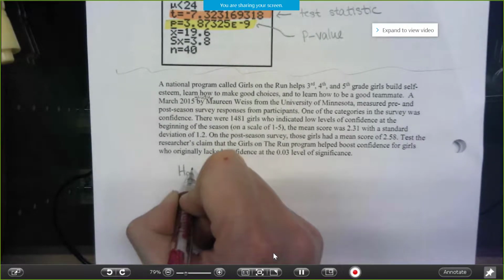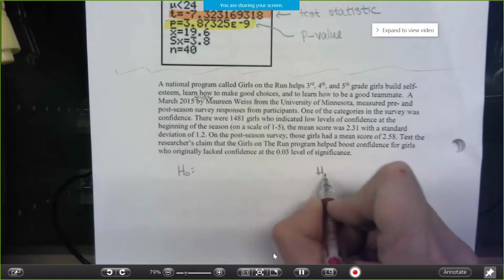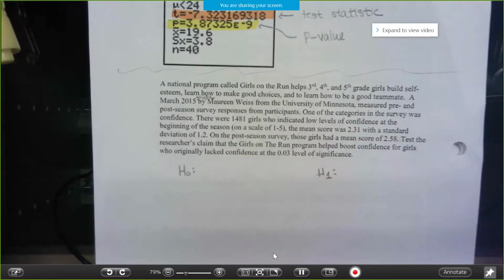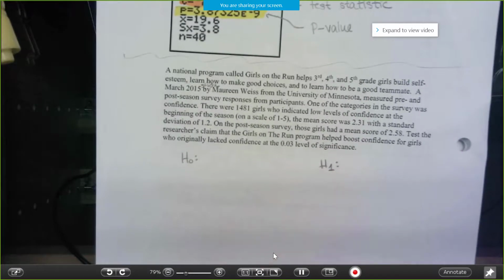Okay, so when we start out with a hypothesis test, we should always state what our hypotheses are. For the symbol after H0 and H1, the only things we're doing tests about in this class are proportion and mean. So what symbol would I put here, a p or a mu?